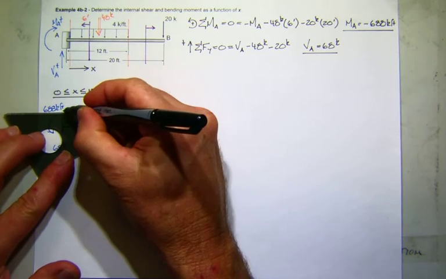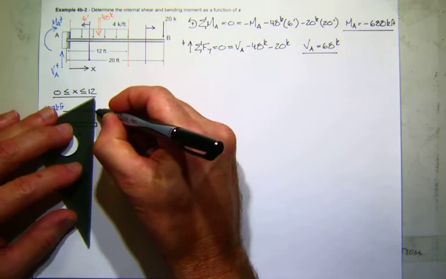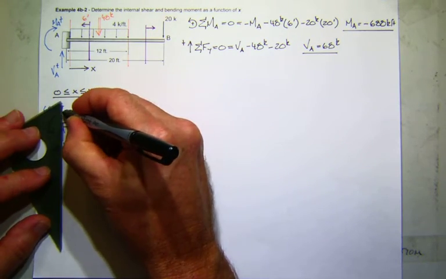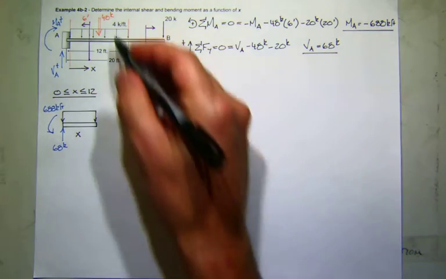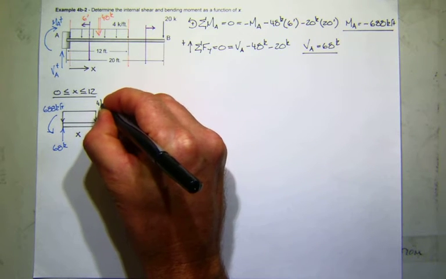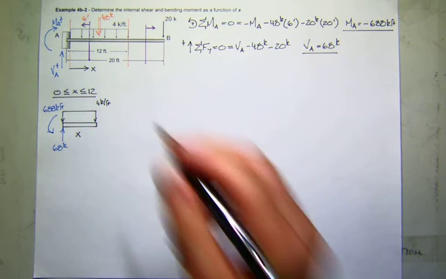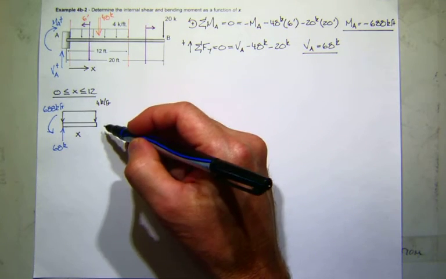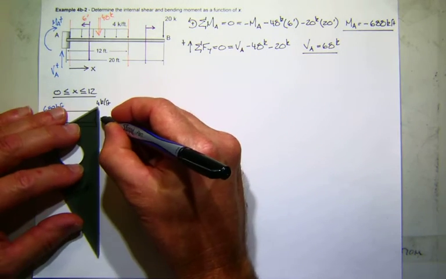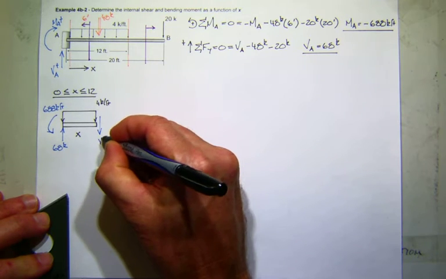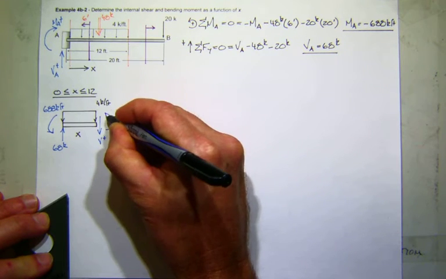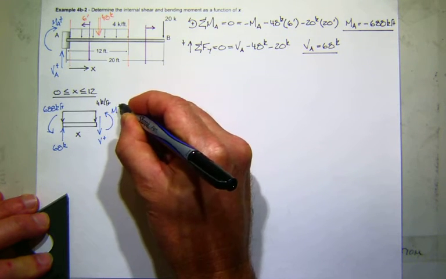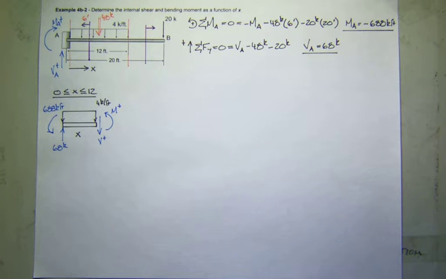I have a distributed load. What's the intensity of the load? 4 kips per foot. And then at the cut surface, my internal forces, I'm going to assume positive shear and positive bending moment. I think that's it.